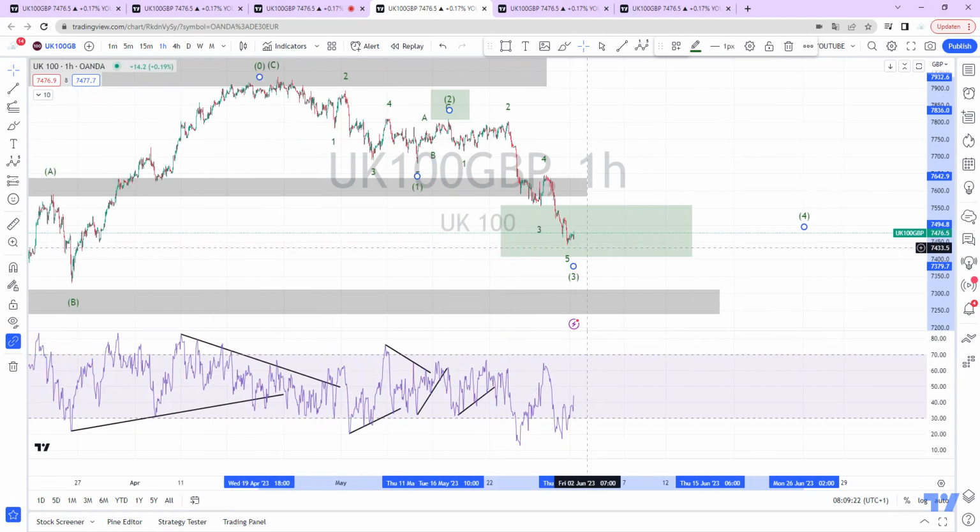So we are in the area now. It's really a matter of picking the bottom, I would say. Maybe just below the area can be a good entry.